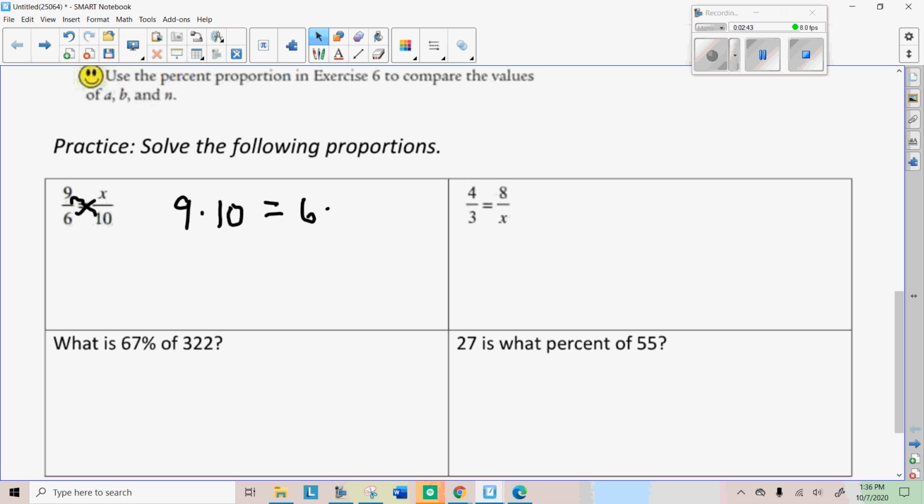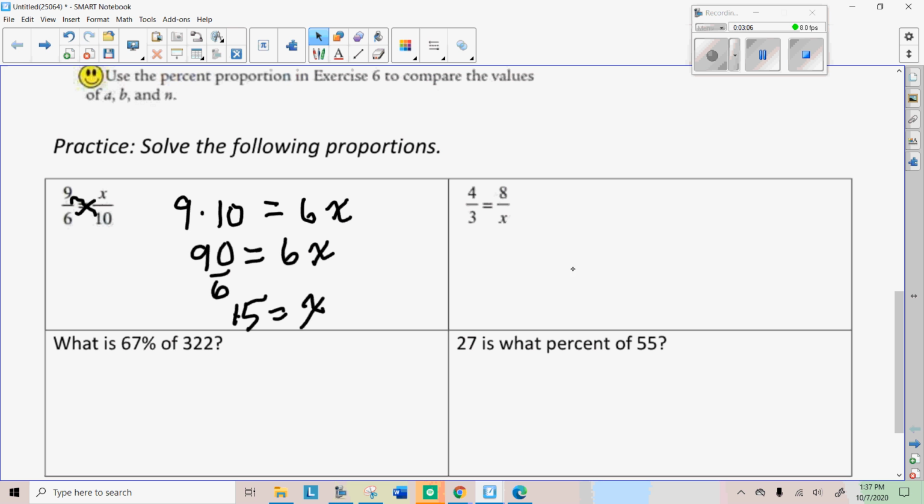And what that leads to is a quick and easy way we can solve a proportion. So this is 90, right? And so I need to figure out what number times 6 equals 90. To do that, I'm just going to divide by 6. And so I find out that x equals 15.